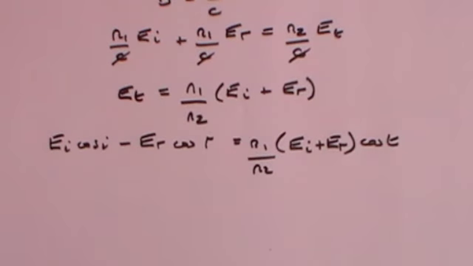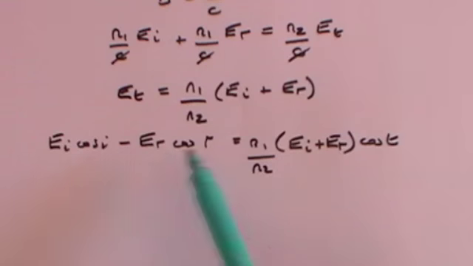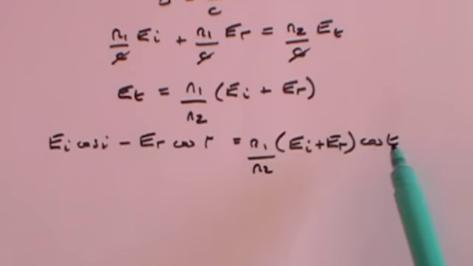Now, I'm going to do two things. Firstly, I'm going to multiply through by N2. And secondly, for I and R, I'm going to put theta 1, and for T, I'm going to put theta 2.